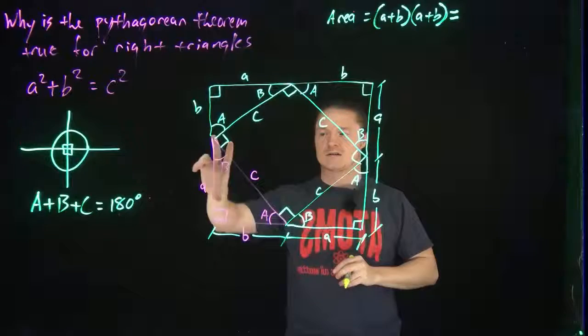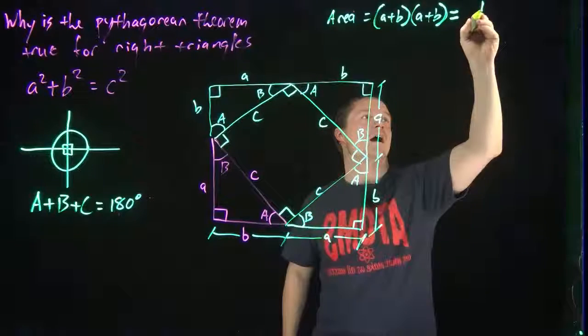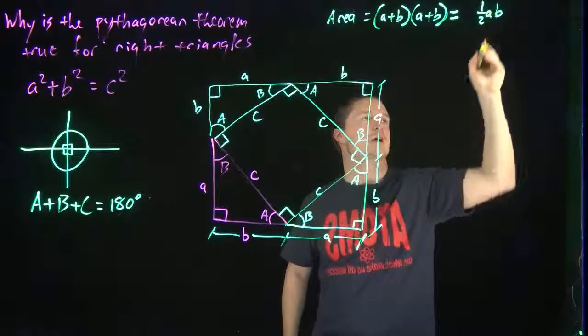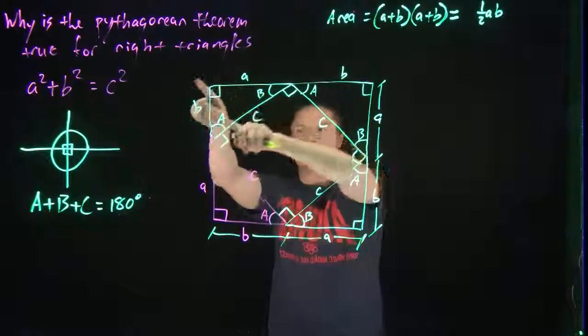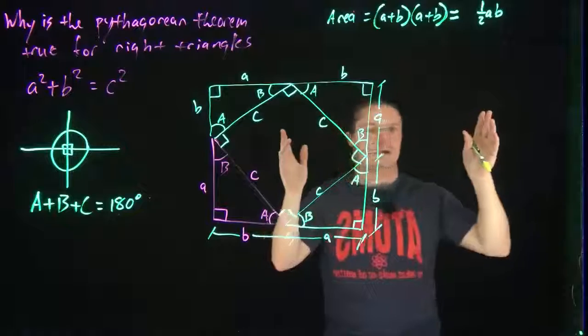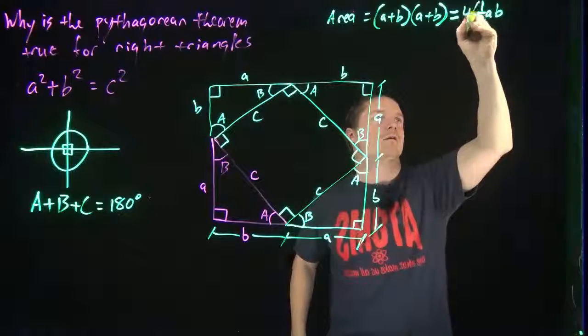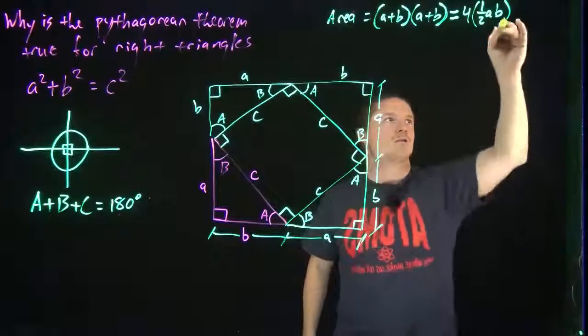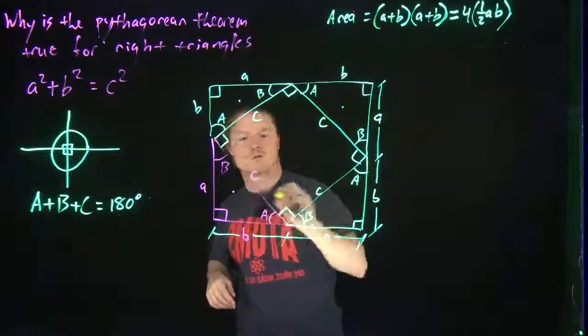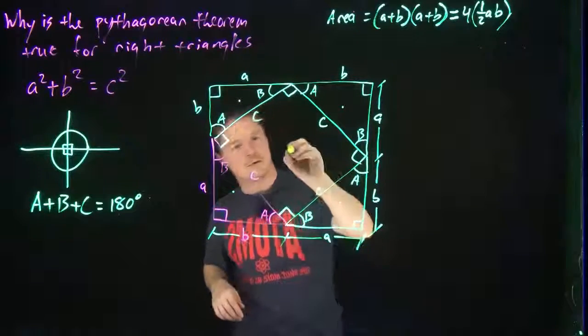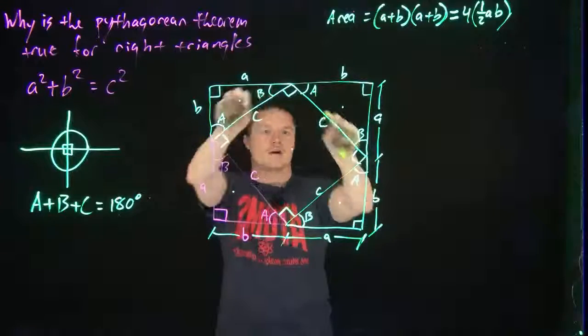One half base times height. They're all the same. So we've got four of these triangles. That's this one, this one, this one, this one, but we didn't take care of the square in the center.